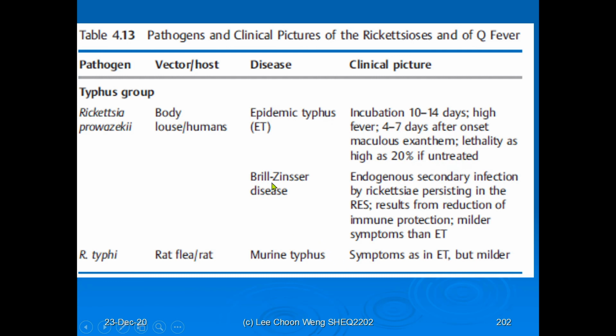We also have Brill-Zinsser disease, where the symptoms are milder than epidemic typhus. We also have murine typhus, where you have symptoms also similar to epidemic typhus but milder.